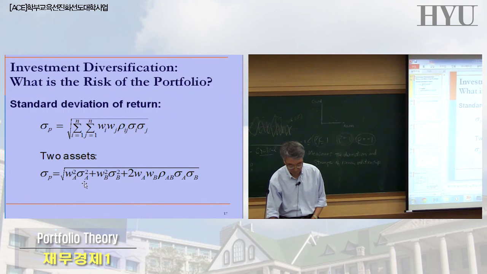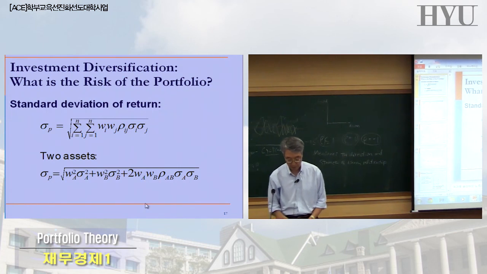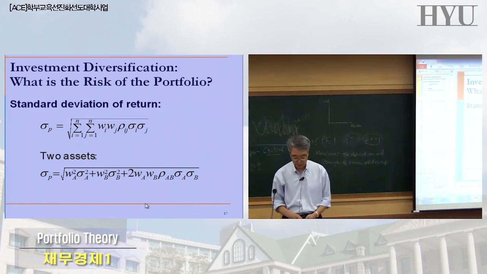That's the weight of the first investment squared times sigma of the first item squared, plus the same thing for the second item, plus 2 times WA, WB, rho AB. Rho AB is the correlation coefficient between the two items, A and B.